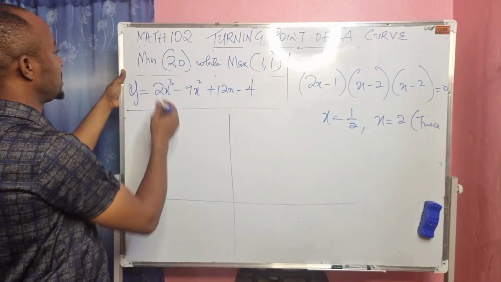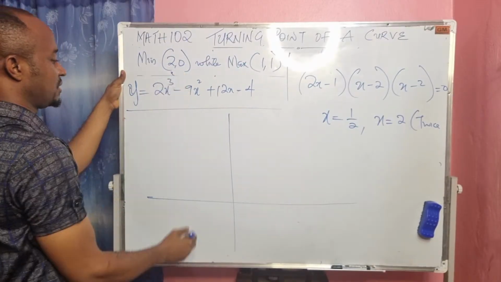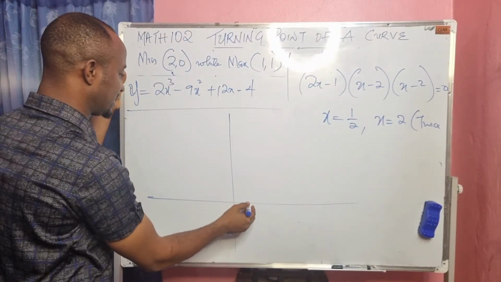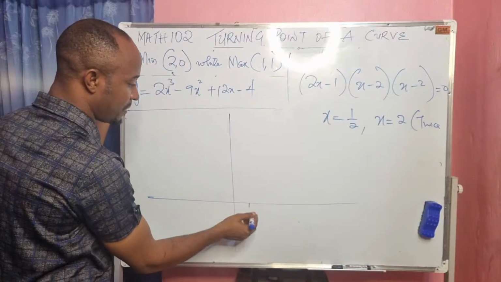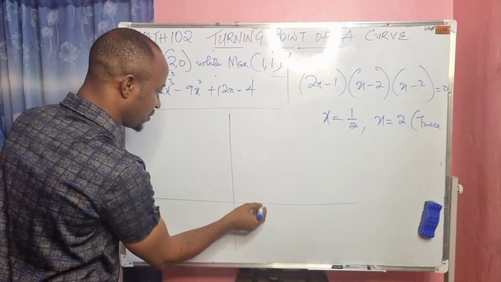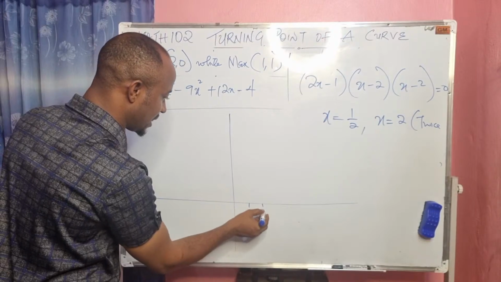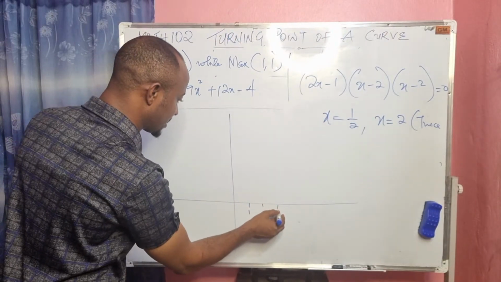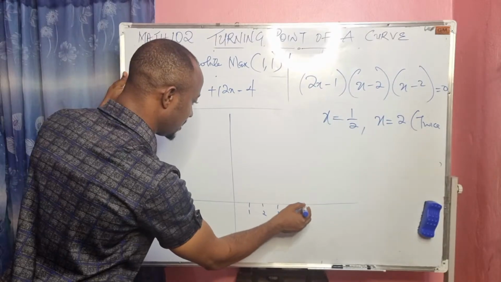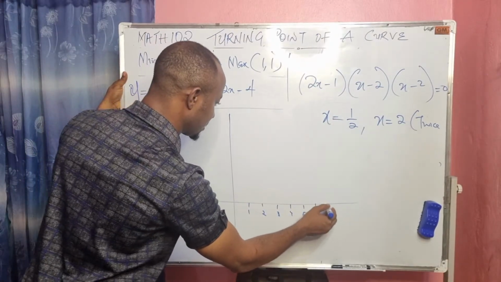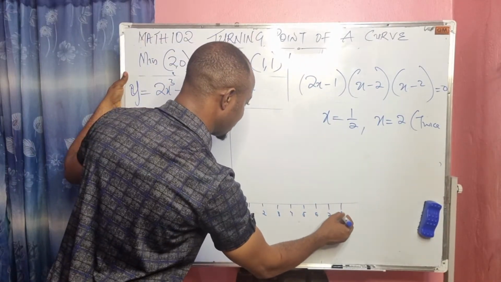The minimum point is when x is 2, y is 0. Let me use just a stroke to represent 1 unit. If I have here as 1 and here is 2, I have here as 3, 4, 5, 6, 7, 8.